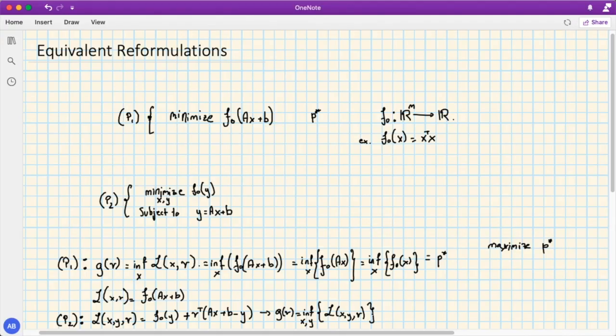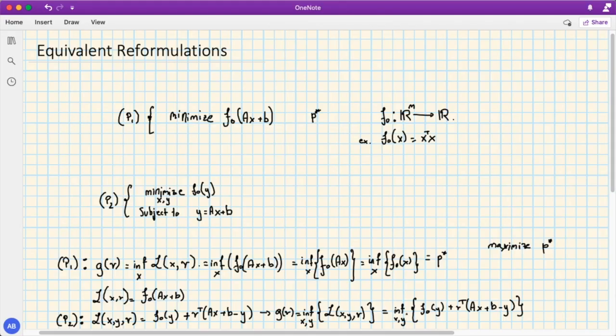This is what I should do. Now replacing what I have, that is the infimum over x, y of f0 of y plus nu transpose times Ax plus b minus y, right?